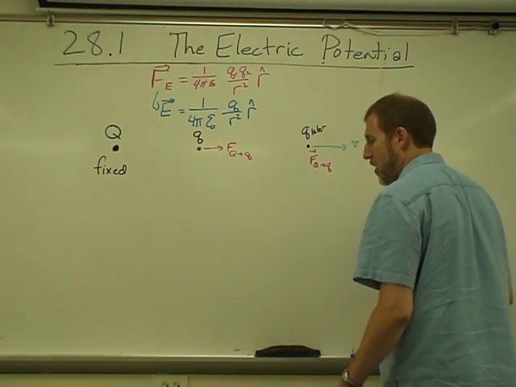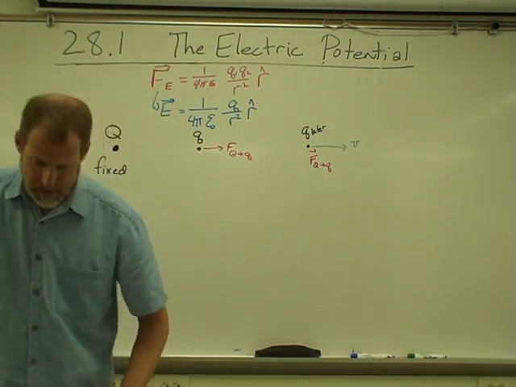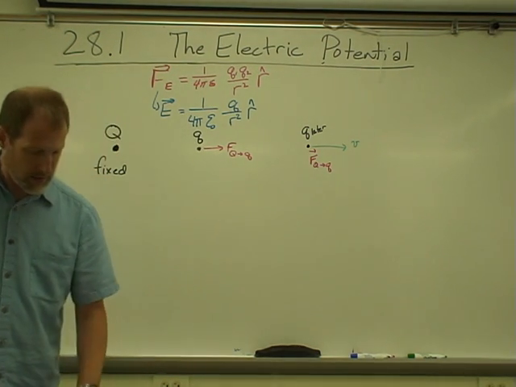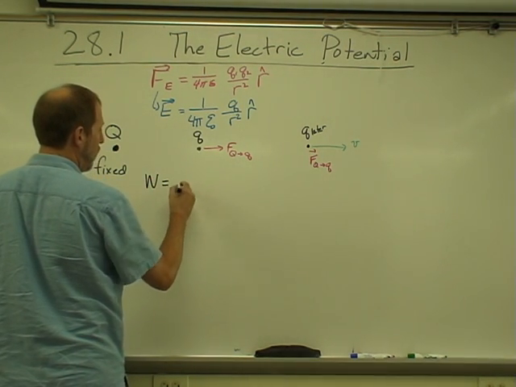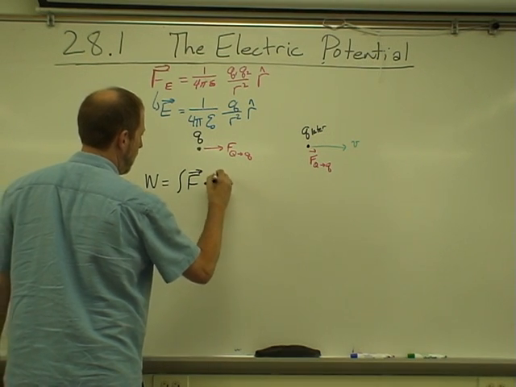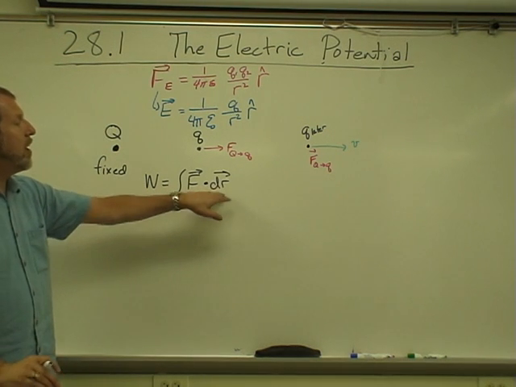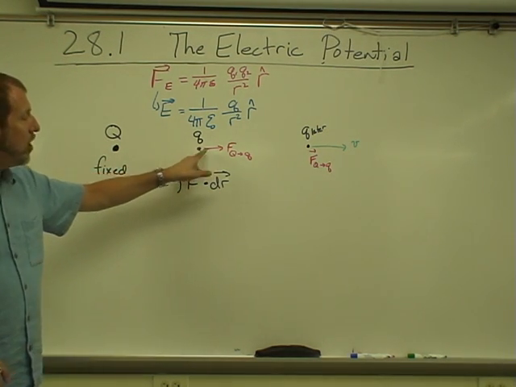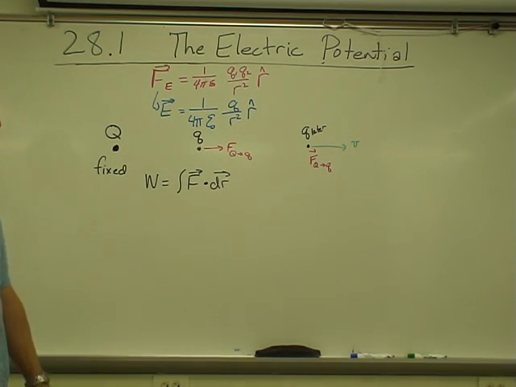So, if I look at this, the work done is equal to, to be strictly correct, the integral of the force integrated over the path. Now, in this case, I've got a point charge moving directly away from another point charge.